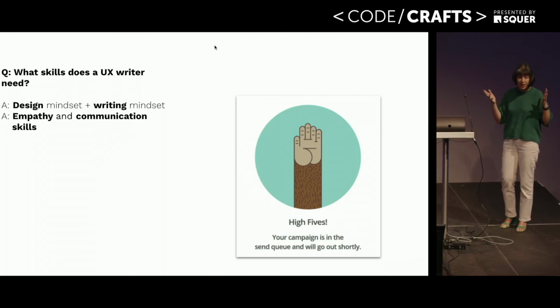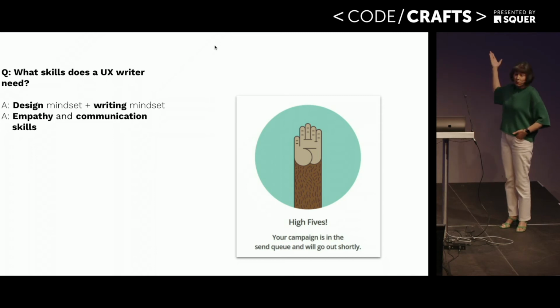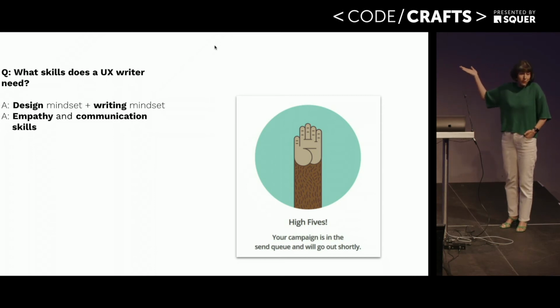Notice that they don't use any weird-sounding jargon. The people at MailChimp probably don't think of it as a send queue. They probably have some other term for it, but they would never write that here because that makes no sense to anybody else. And when is it going to go out? Soon, shortly, that's it. Those are all the things that a person needs to know to confidently close this screen and move on.